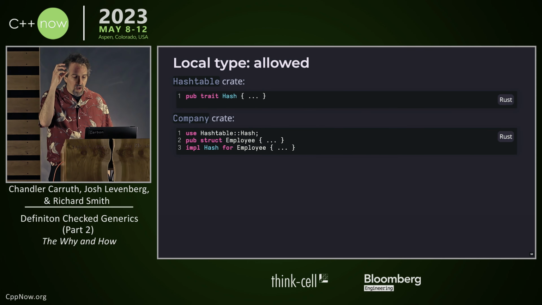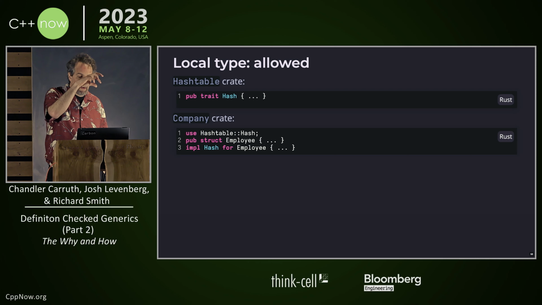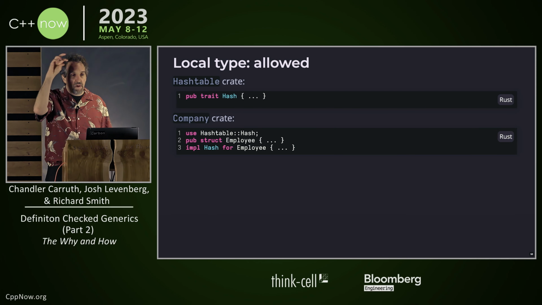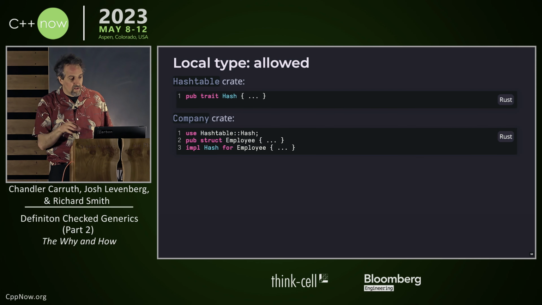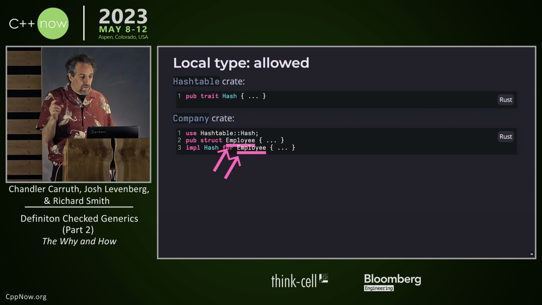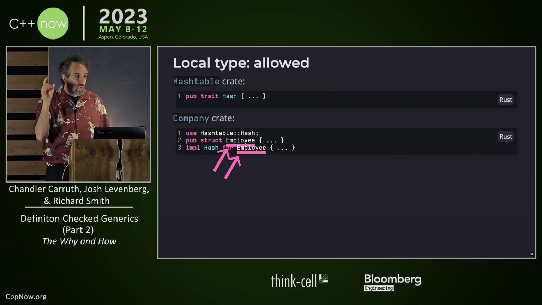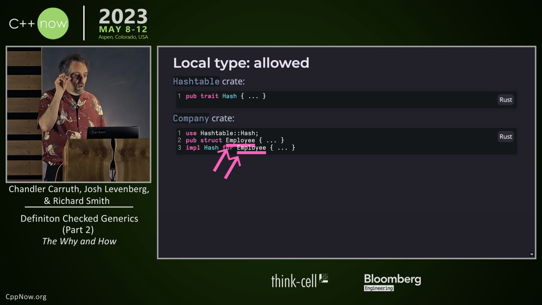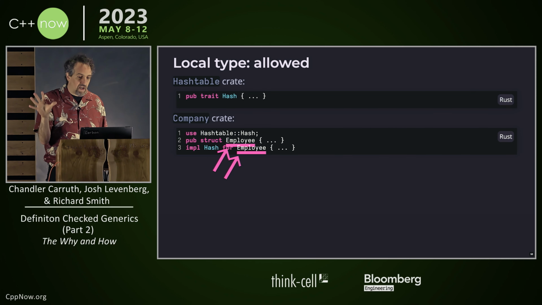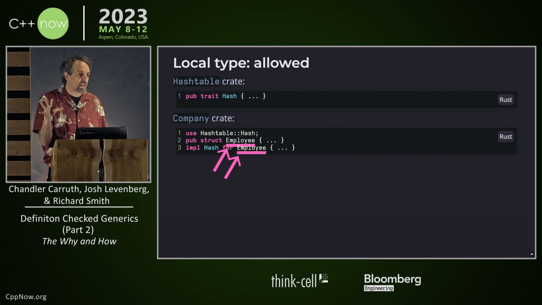Now, if the crate with a type depends on the crate with a trait, then you can define an implementation with the type. So the rule is that if you have an implementation with a local type, that's allowed, where local means defined in the same crate.